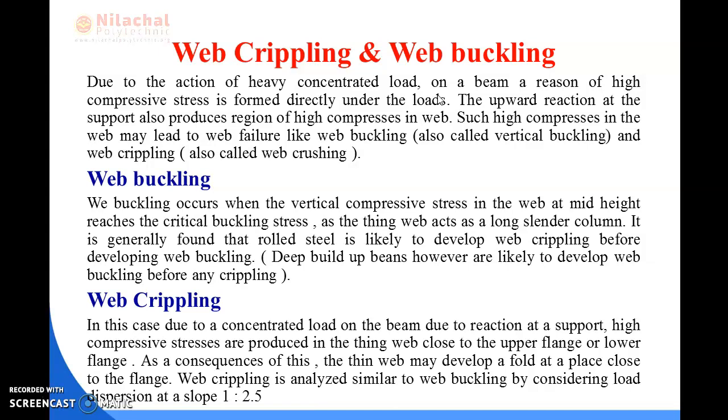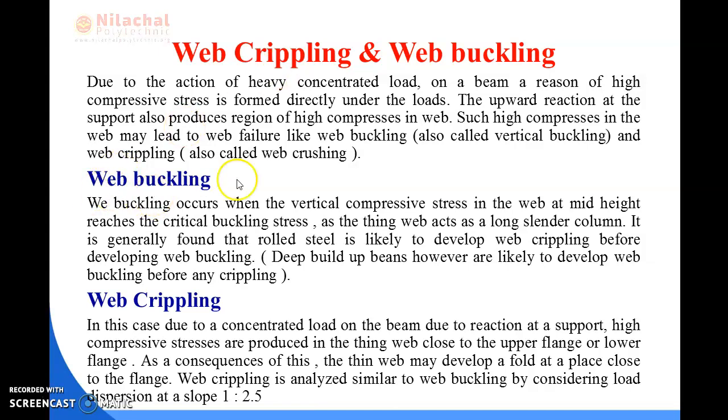Due to the upward reaction, there may be a chance of failure in the web. While failure in the web due to the load is known as web buckling, failure at the web due to the reaction, that is the upward loading from the supports of the beam, is known as web crippling, also known as web crushing.